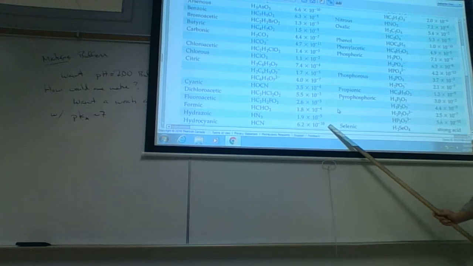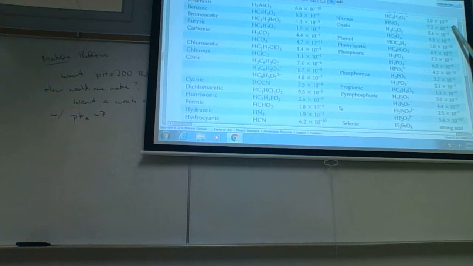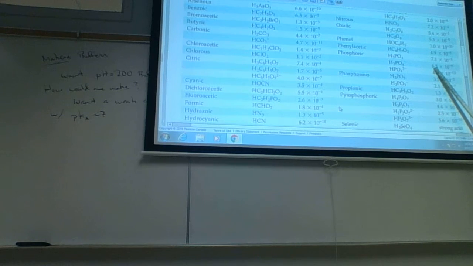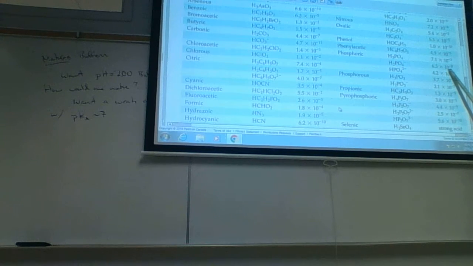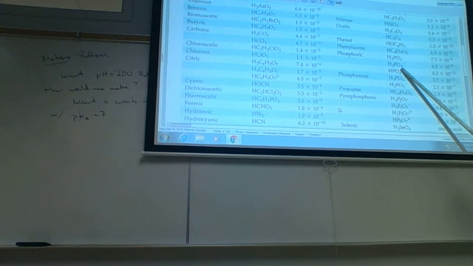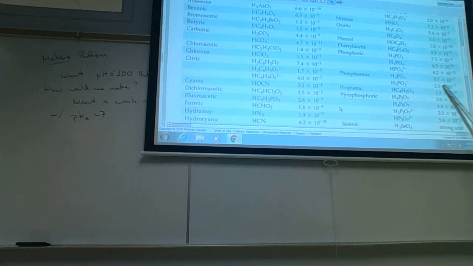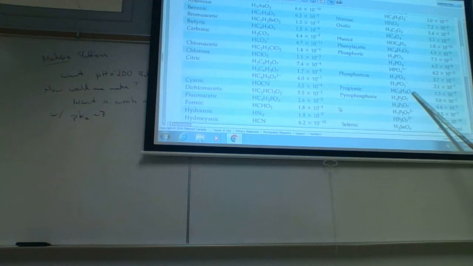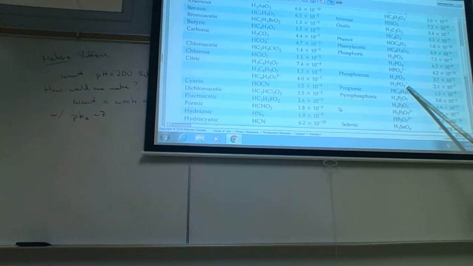Going down, nothing here. Let's check this side. Here, this one is close. If this were 10 times 10 to the minus 8, that would be 1 times 10 to the minus 7. So this is pretty close. This would be dihydrogen phosphate. We could use that. This we could use too. This is pretty close too. This is dihydrogen phosphite.